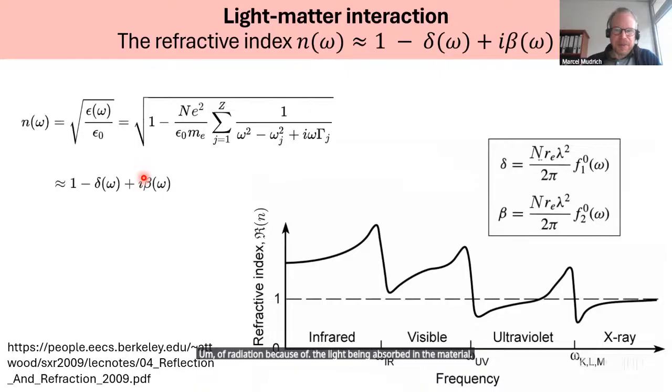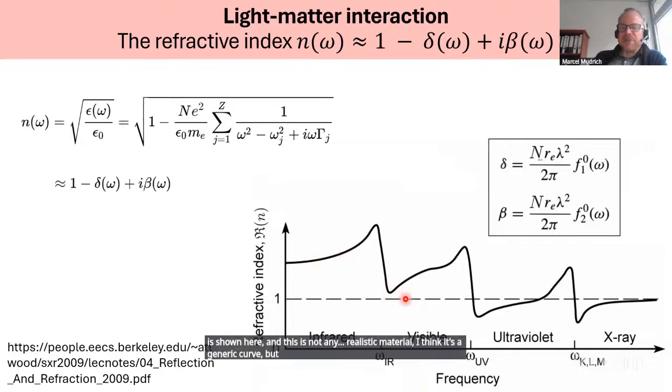But if we are just interested in refraction for now, then it's the real part that counts. A very generic curve showing the refractive index of some material over many orders of magnitude in frequency is shown here. This is not any realistic material, but for most materials it looks somewhat similar.